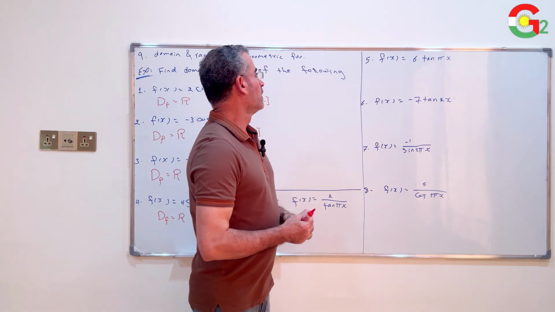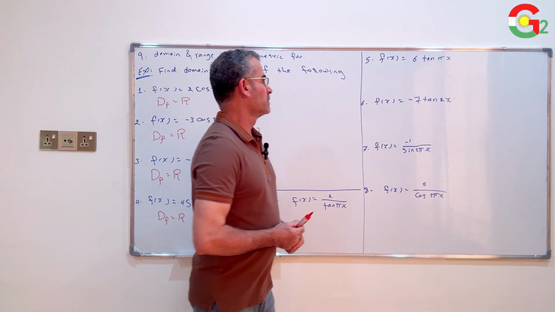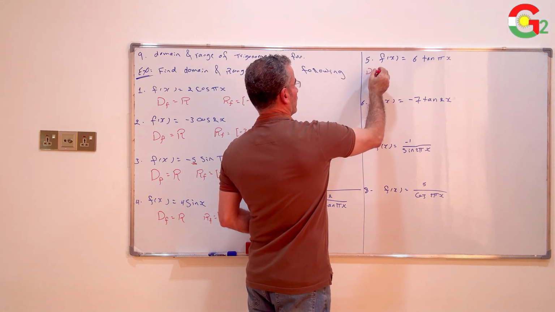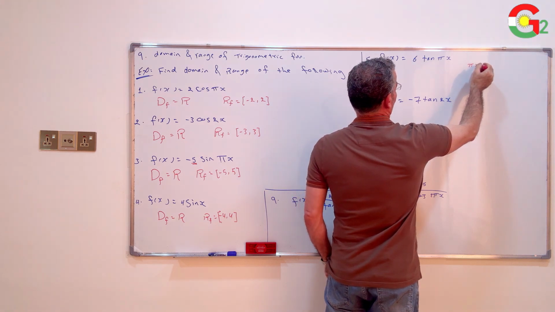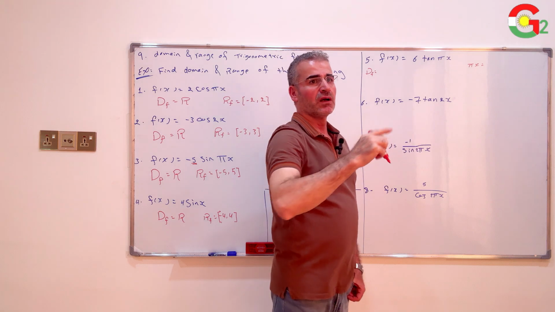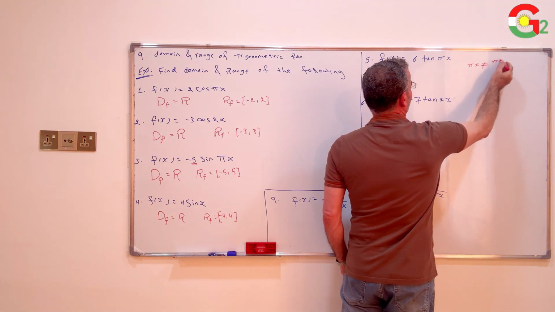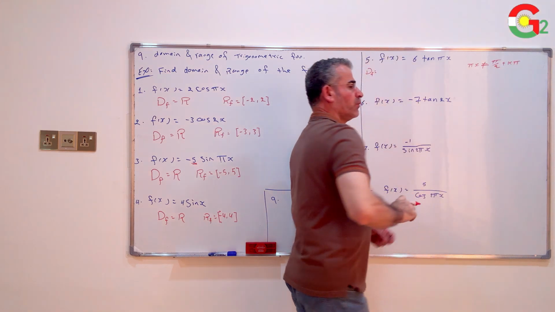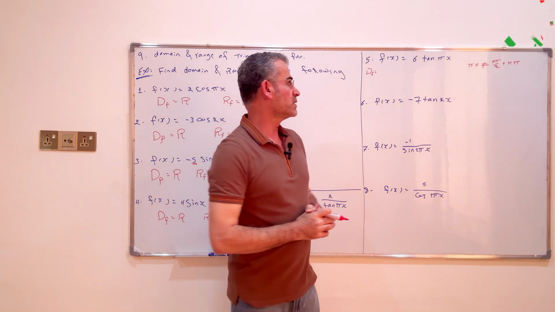Number 5, f of x equals 6 tan pi x. For the domain, I'll set pi x, since tan is sine over cosine, then pi x should not be equal to pi over 2 plus k pi, the points that make cosine 0.